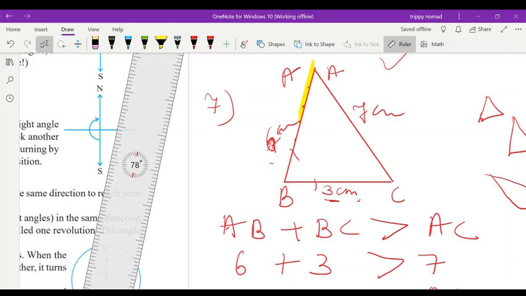Always you will get that the sum of two sides is always greater than the third side of a triangle. I hope you understood this exercise. Complete this exercise in your notebook, and then we will proceed to the next exercise in the next class.